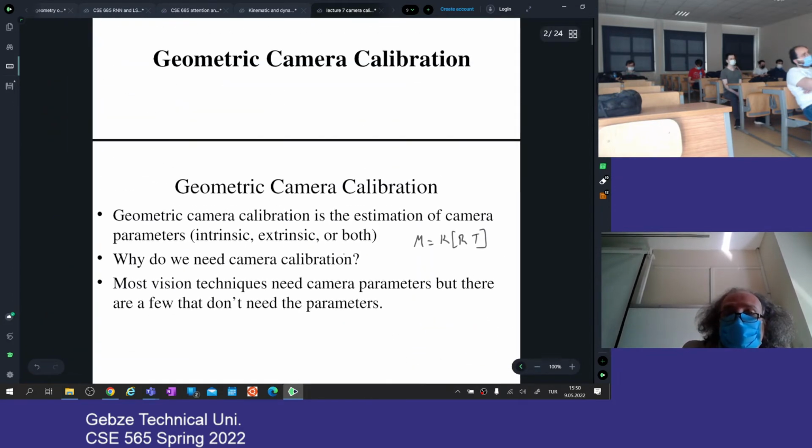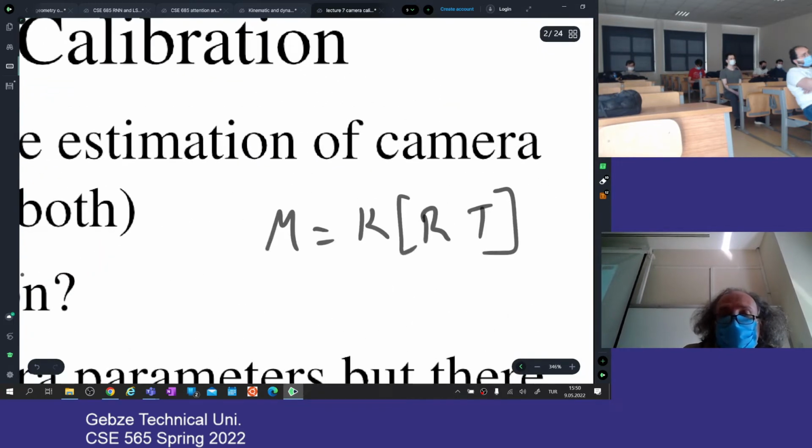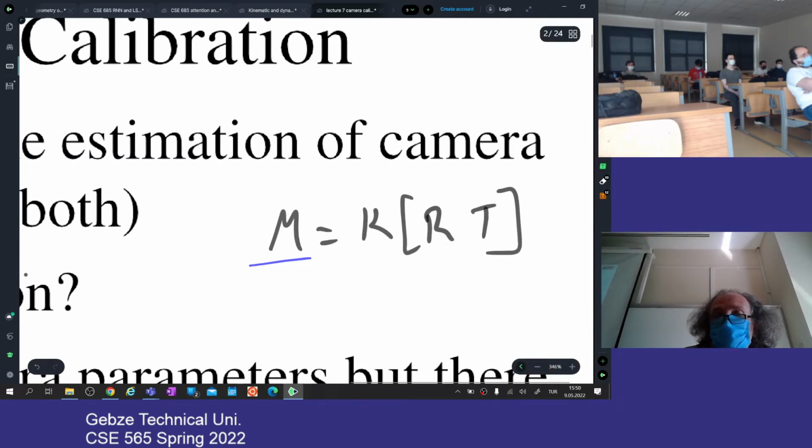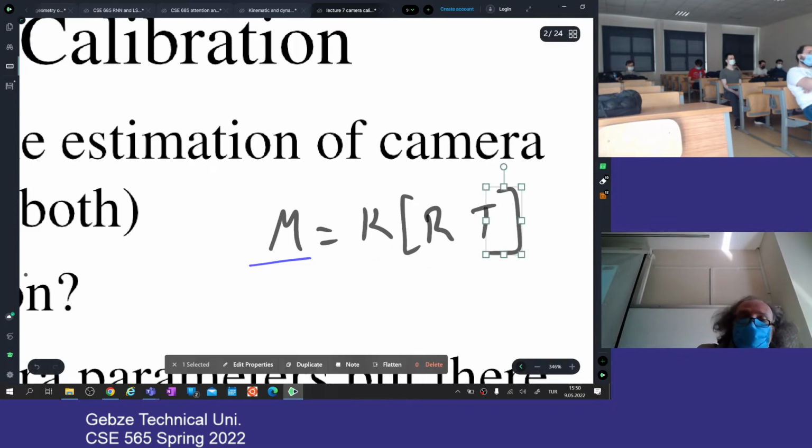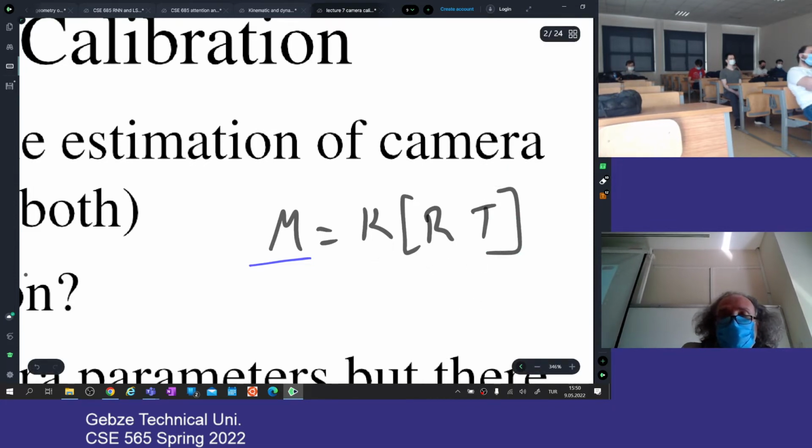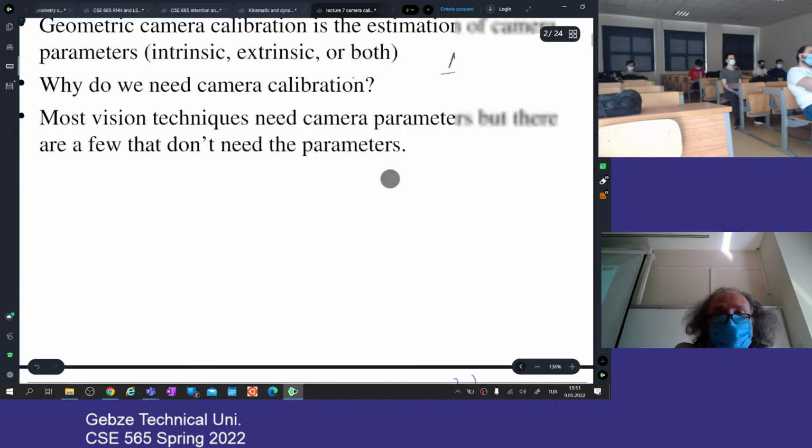But again, as I said before, calculating or estimating M doesn't mean that you know K and R and T, because M is a multiplication of these 3 matrices and vectors. So we need to recover those parameters to get the values of K and R and T, and I'm going to show you how to do that.